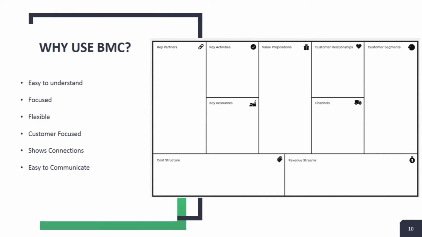This can be really difficult to establish from a traditional business plan. Easy to communicate. Because the canvas is so easy to understand, you will be able to share and explain it easily with your team or investors, making it easier to get them on board with your vision.